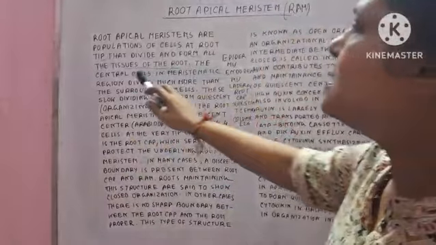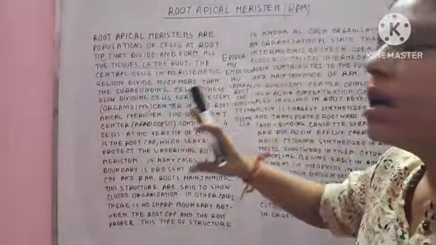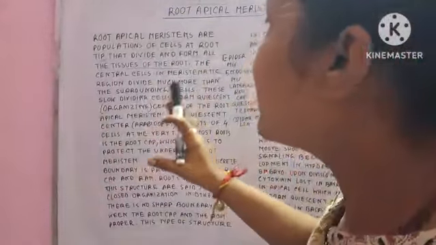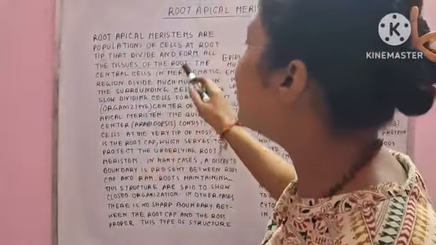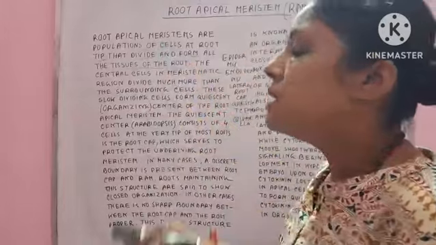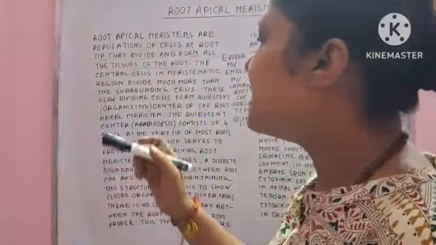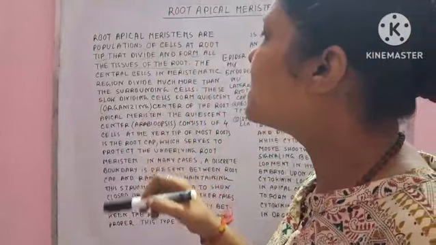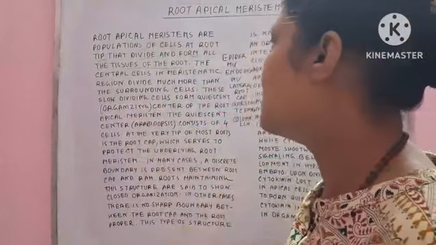And the cell divisions are not the same in the root tip area. All the cells present in the central region and also those surrounding the central region differ.